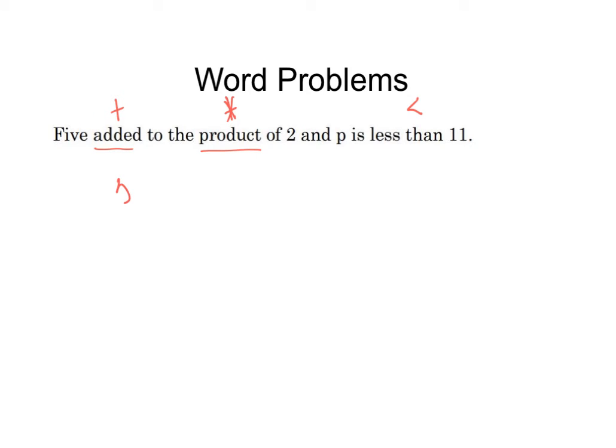So 5 added to the product of 2 and p is less than 11. Notice how the words were kind of similar, but this inequality is actually different than the first one.